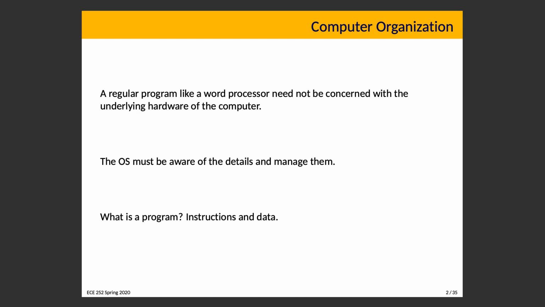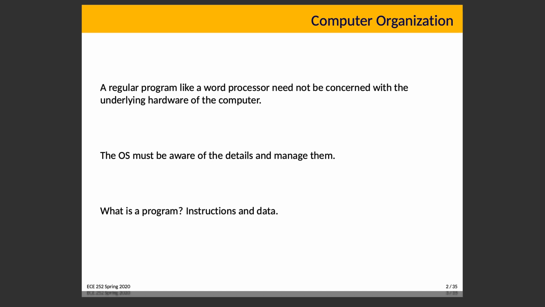But we have instructions, these are commands that we give the computer to do, and then we have some data. These are necessary for the instructions to work on. Thus, to execute a program, we need at least the following.